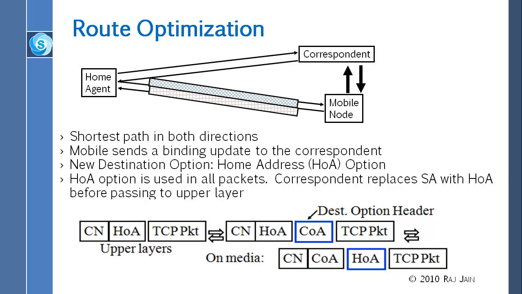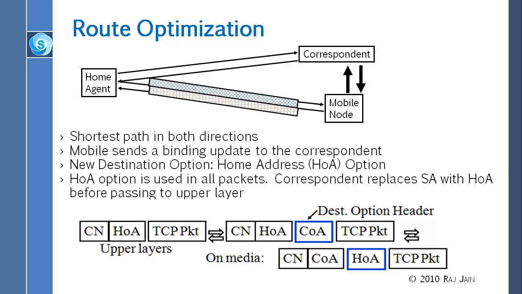So the packet will come like this, okay? It is going from the correspondent to the home agent, to home address.